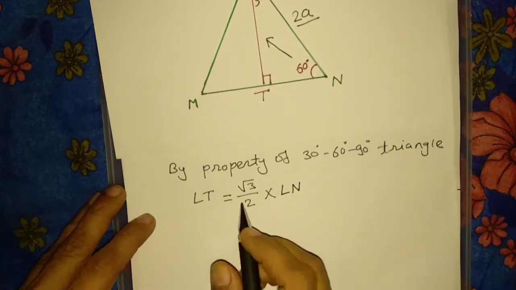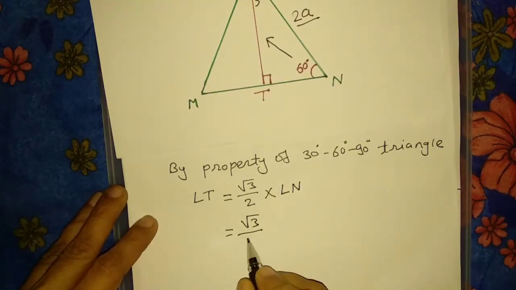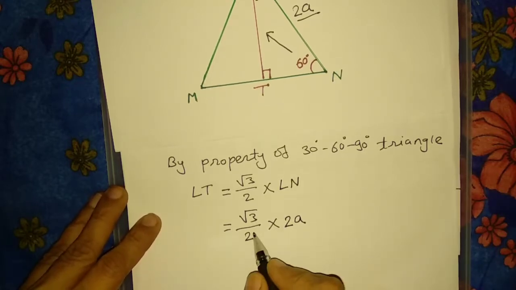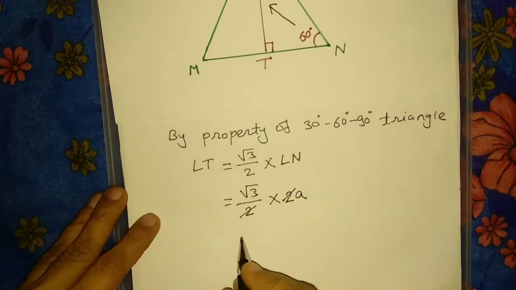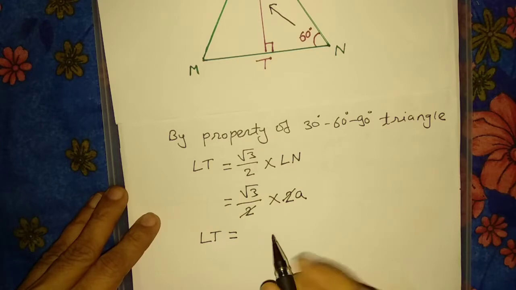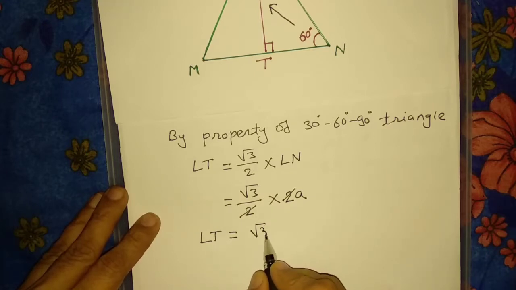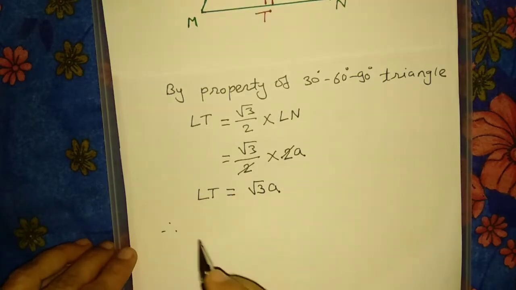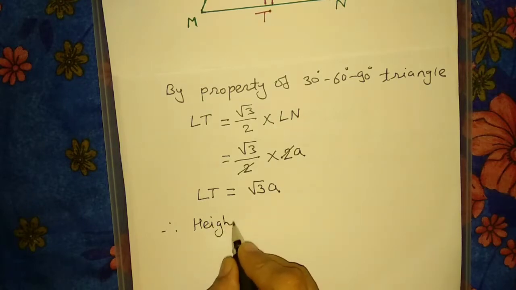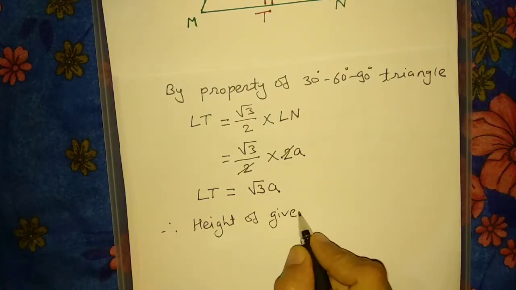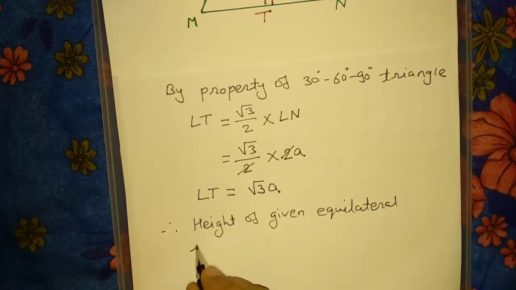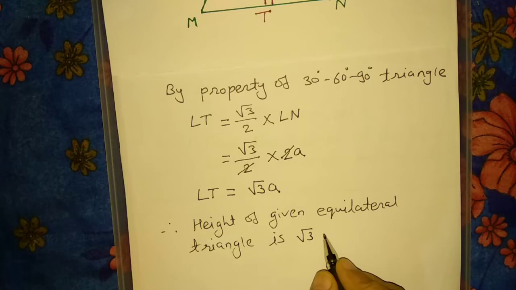LN is equal to root 3 by 2 into 2A. यहाँ पर 2 कट जाएगा, therefore LT is equal to root 3A. Therefore, we will write answer here. Height of given equilateral triangle is root 3A.